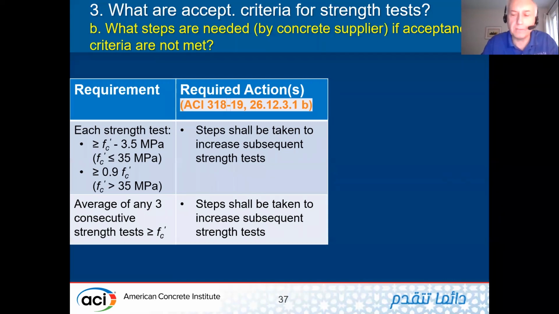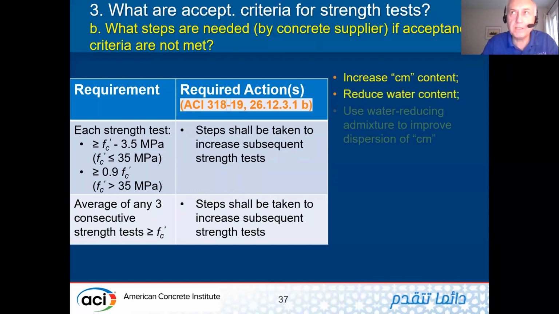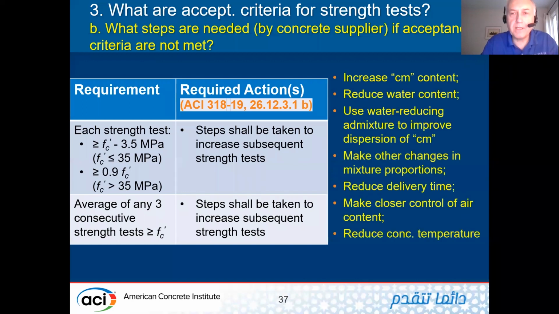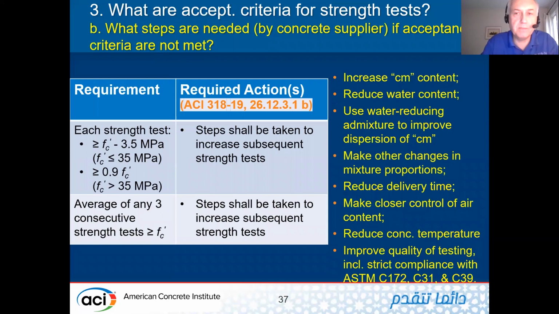What does it really mean? It means that the concrete supplier has to maybe increase cementitious material content, maybe reduce water content, use water reducing admixtures to improve dispersion of cementitious materials to get better strength at the required test age, making other changes to mixture proportions that they find would be beneficial to increase strength. Reducing delivery time may help.